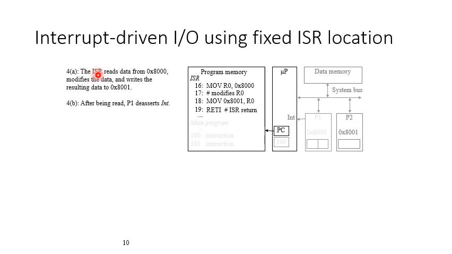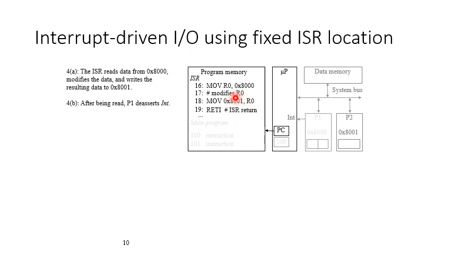In 4A, the ISR reads from 0x8000, modifies the data and writes the resulting data to 0x8001. So if we see in our interrupt service routine, it is moving the data from this register location 0x8000 to R0, then it modifies R0, and then finally it moves the value of R0 into the address 0x8001.